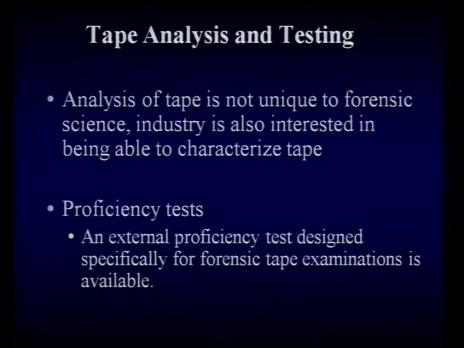Hopefully you've put steps in place to lower that error rate constantly. And again, I mentioned there is an external proficiency test out there now from Forensic Testing Services specifically for forensic tape examination that's available as well.